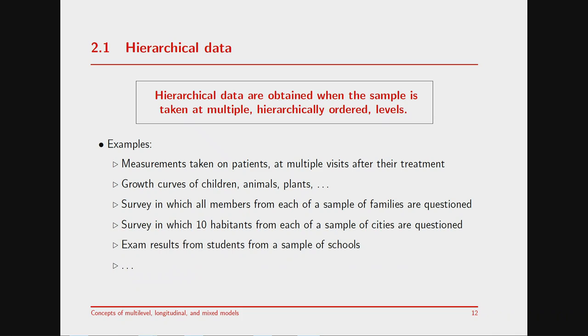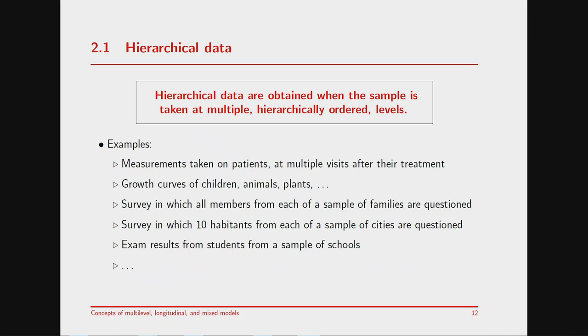And each time you take a particular outcome, a particular measurement. Could be anything, could be blood pressure or whatever. Just think of a very simple situation where you would have 100 patients and you would have 5 of these measurements per patient at 5 different time points. Then you have a data set with 500 observations, 5 multiplied by 100.